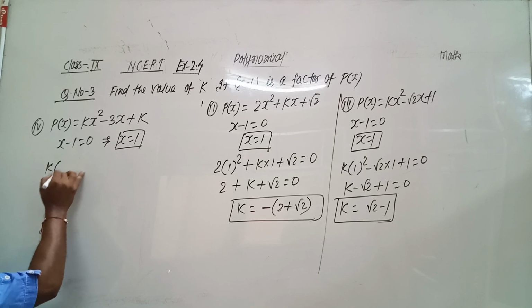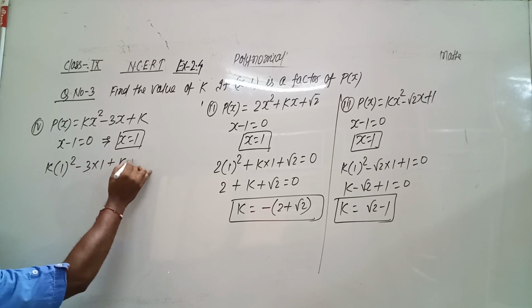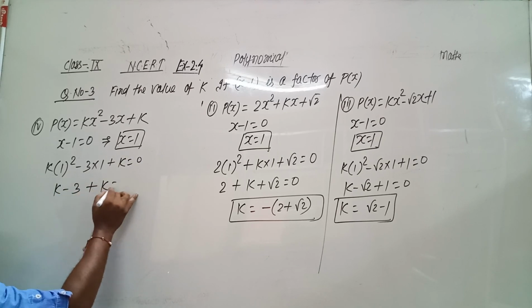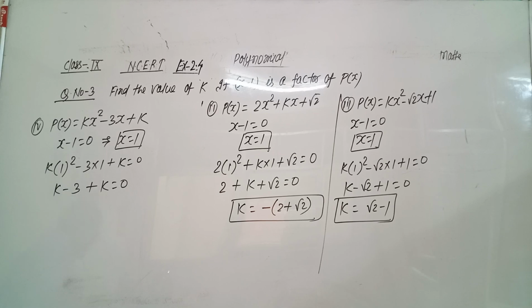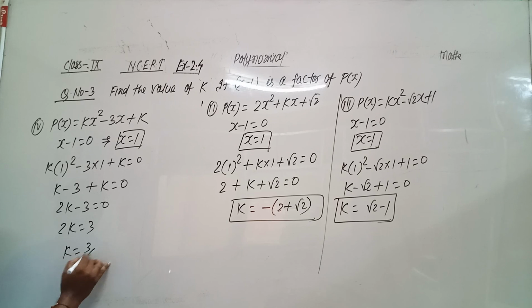Put the value of x equals to 1 and make it equals to 0. So we get k minus 3 plus k equals to 0, and k plus k, 2k minus 3 equals to 0. 2k equals to 3, and the value of k is 3 by 2.